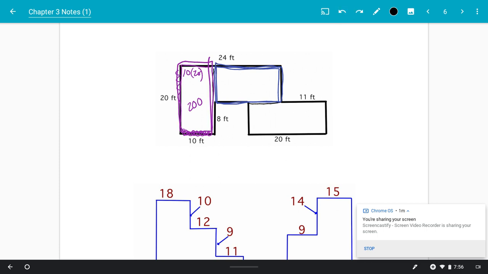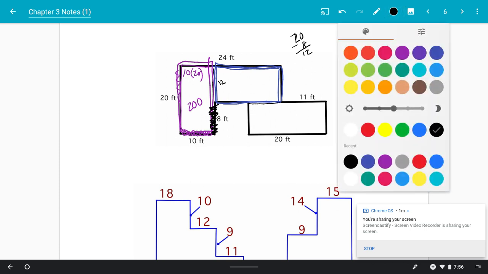Well, if that whole thing is 20 and it says that this is 8, then to find that height, what we would do is we would go 20 minus 8, and we would find that the height of this blue rectangle is 12.